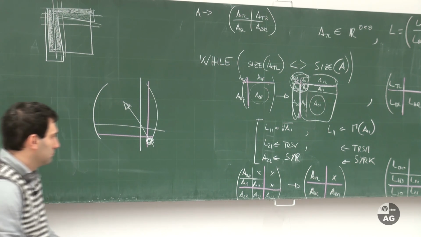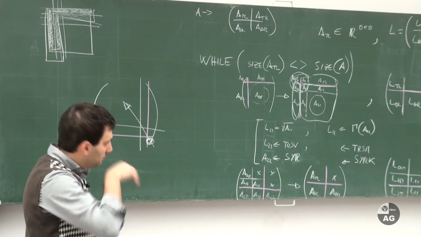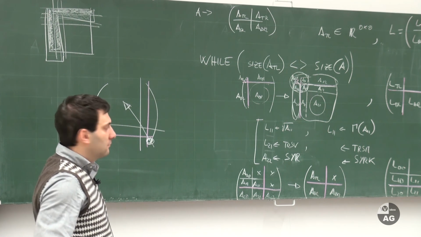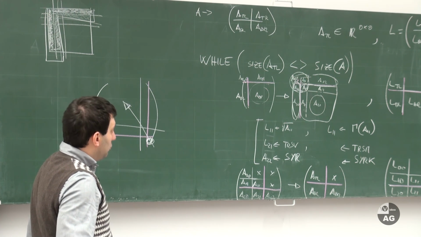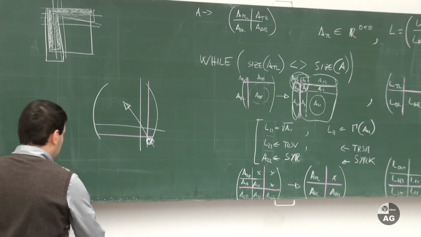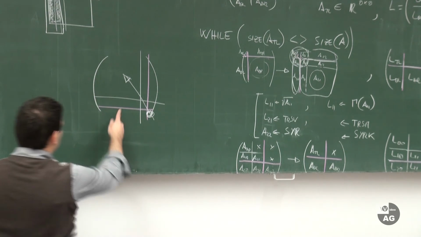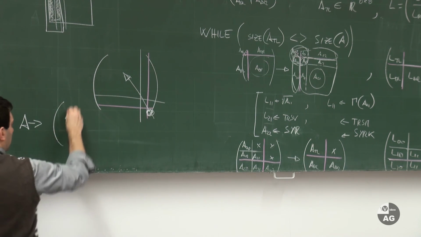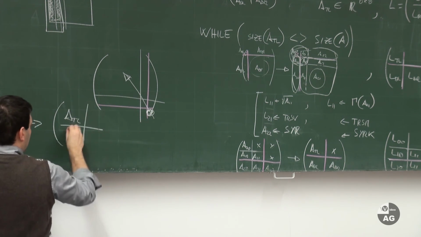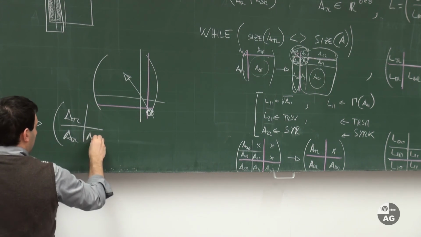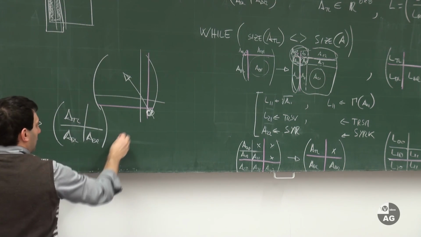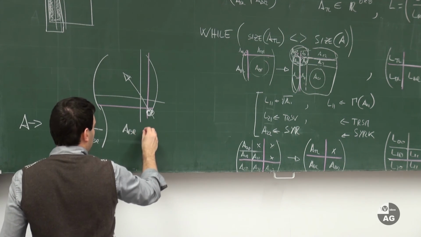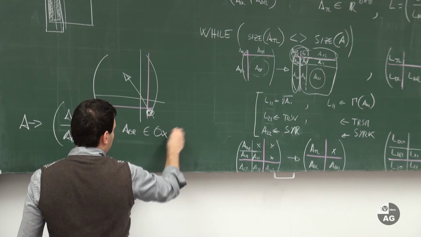You do have to flip, because at the beginning you would have that A is partitioned as A top left, A bottom left, A bottom right, and A bottom right is 0 by 0.